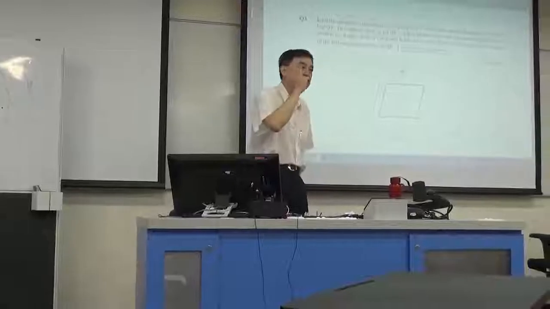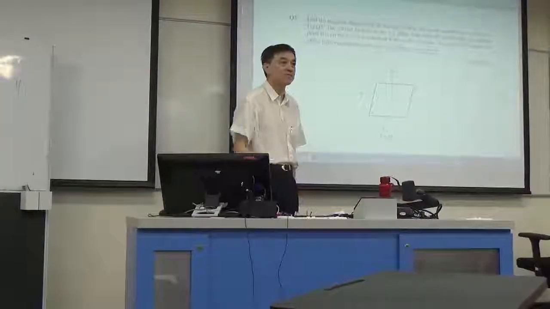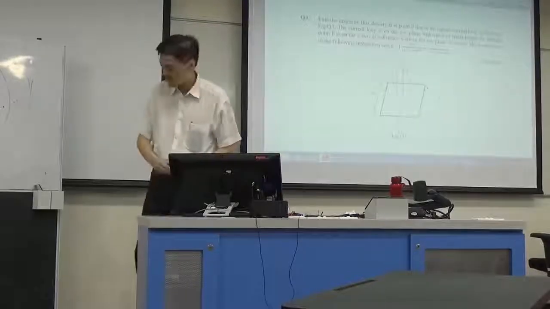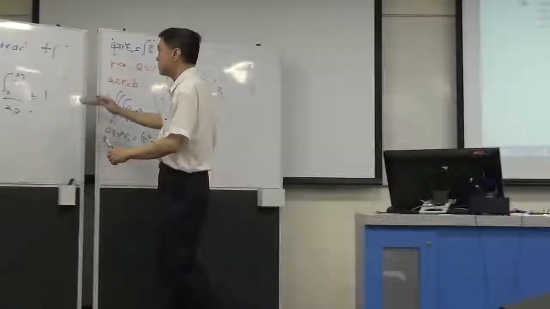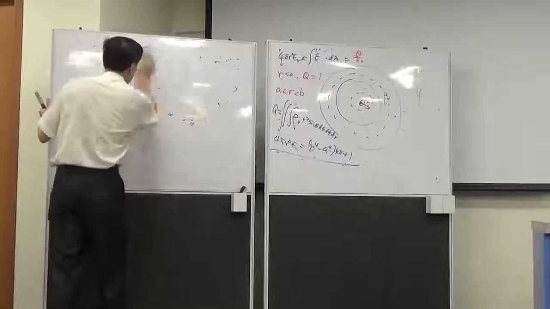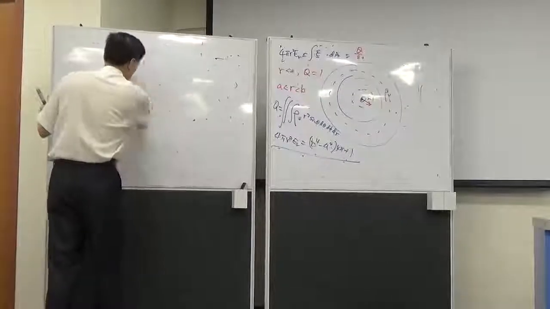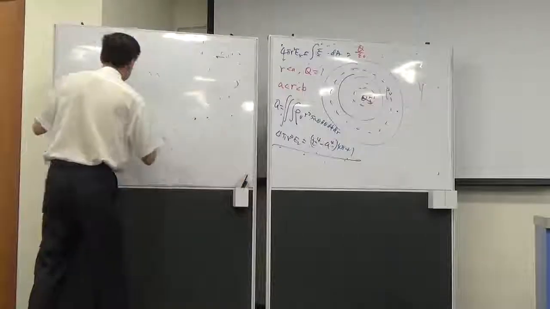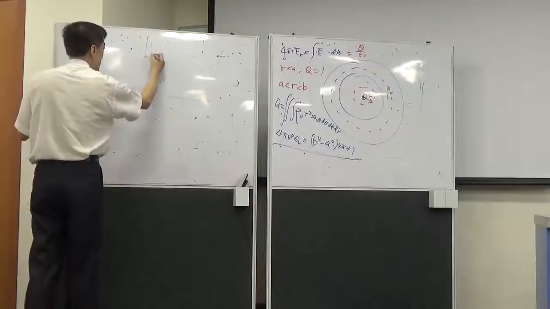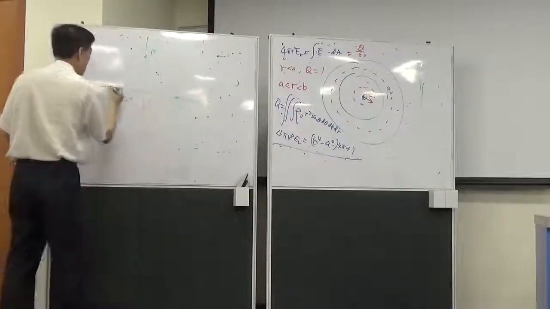The horizontal components of the magnetic field actually cancel off. If you look at this one here, the point P is here. There's a current.